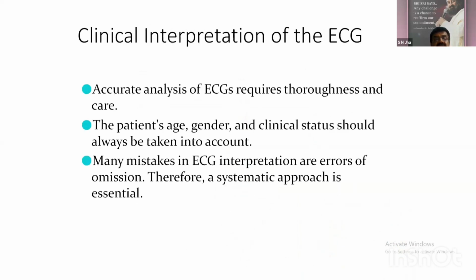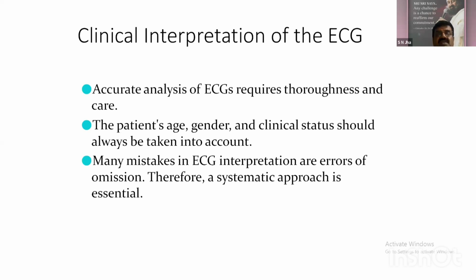Clinical interpretation of the ECG. Accurate analysis of the ECG requires thoroughness and care. The patient's age, gender, and clinical status should always be taken into account. Many mistakes in ECG interpretation are errors of omission.